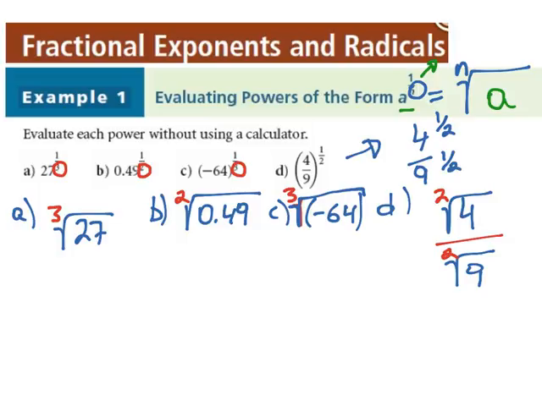Now we could solve all of these using previous lessons skills. So the first answer is 3, because 3 times 3 times 3 is 27. The square root of 0.49 is 0.7.